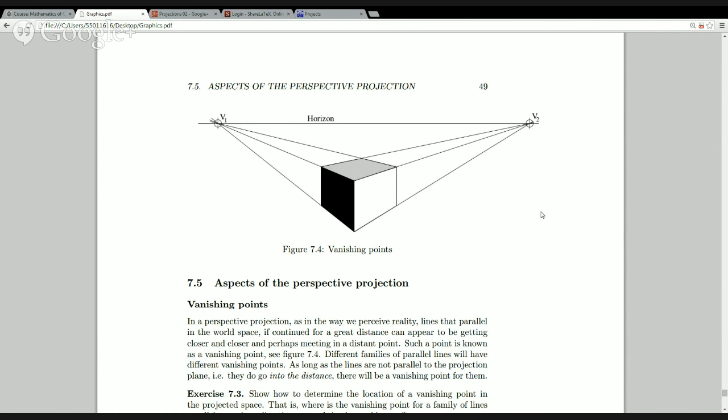Okay. So this shows how to determine the vanishing point for any line parallel to this direction vector h.